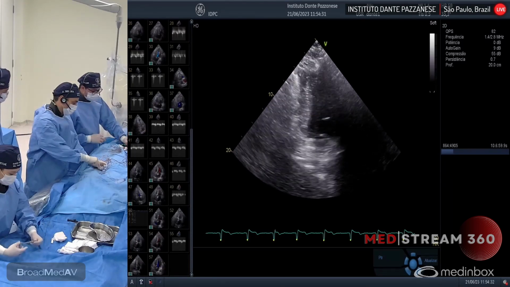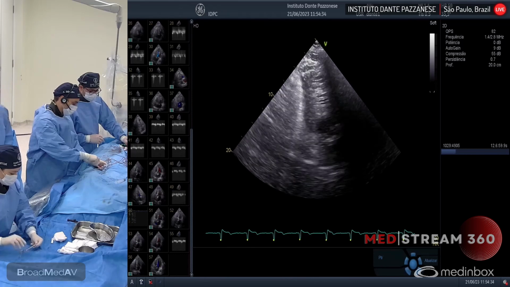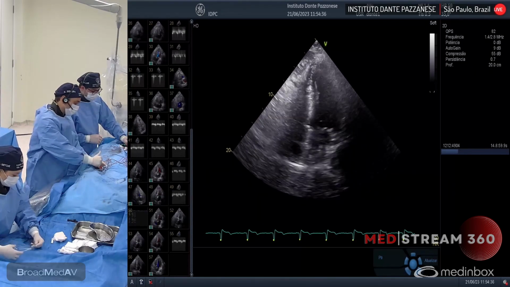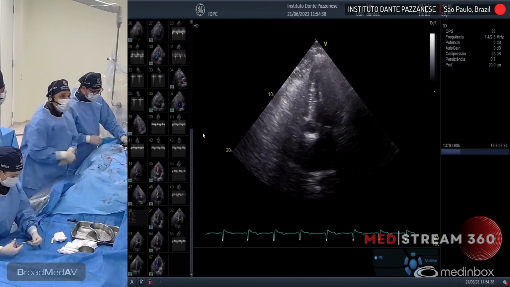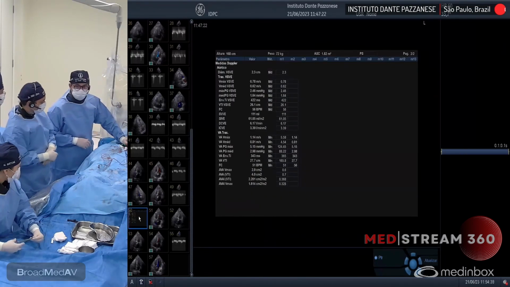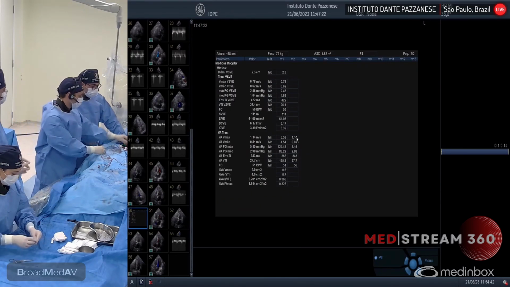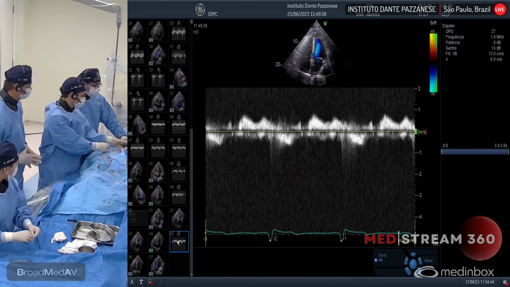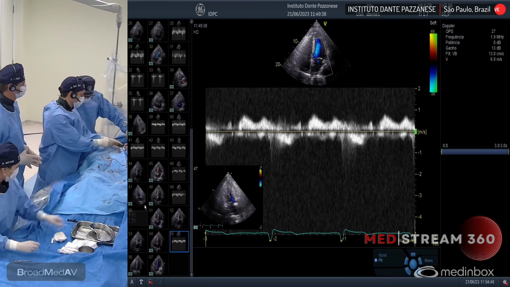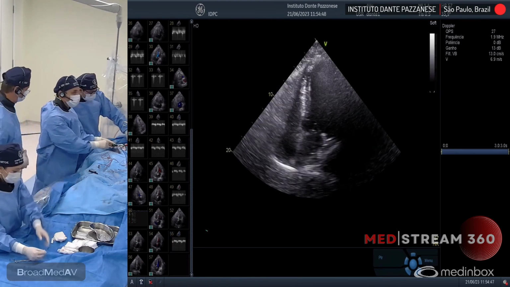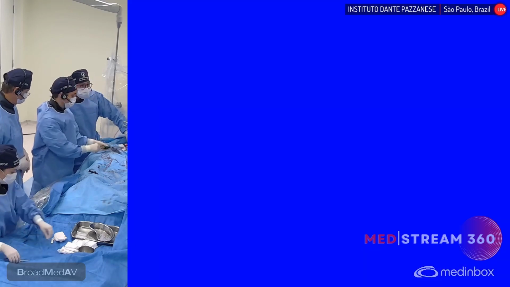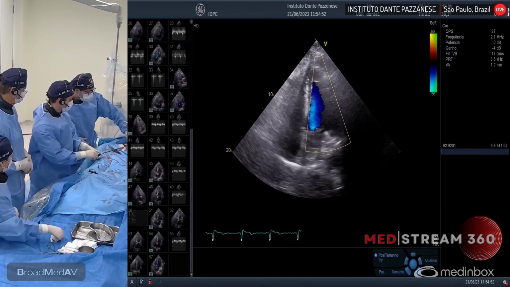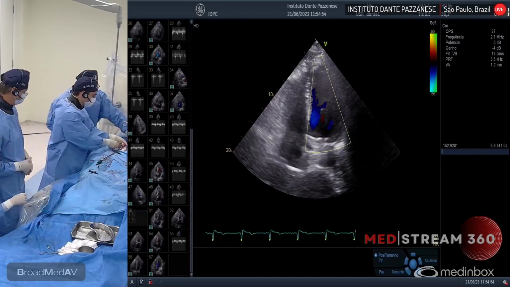There is no segmental contractility alteration. There is no pericardial effusion, and we can also see the results in the hemodynamics the way we showed you. The minimum gradient. There is no exacerbation of the ventricular gradient, looking for some suicide ventricle or something like that.